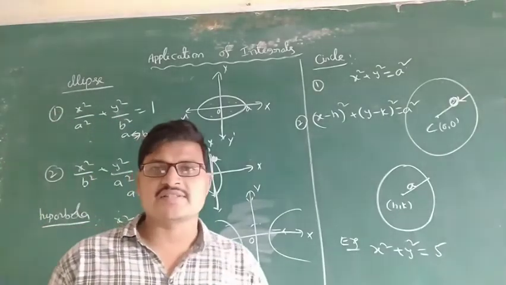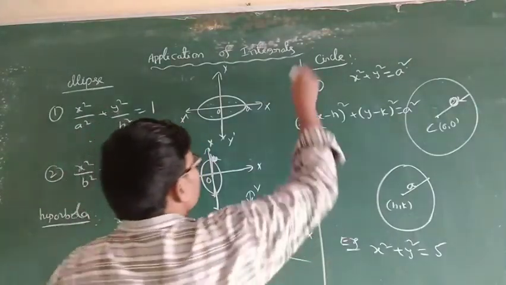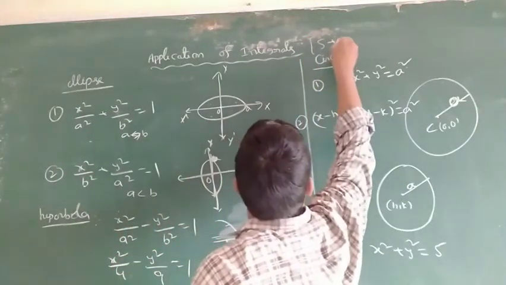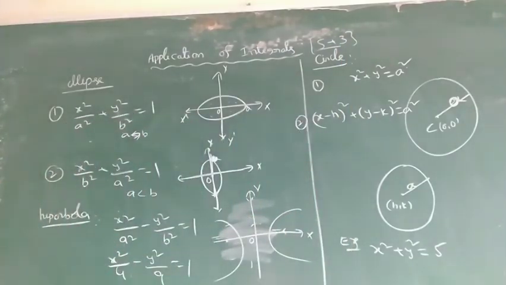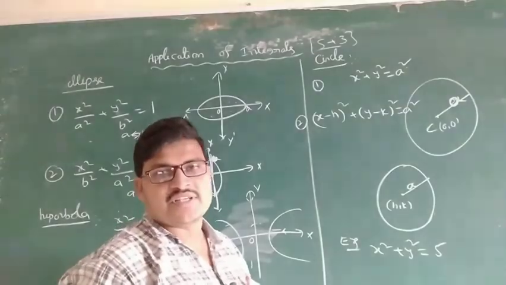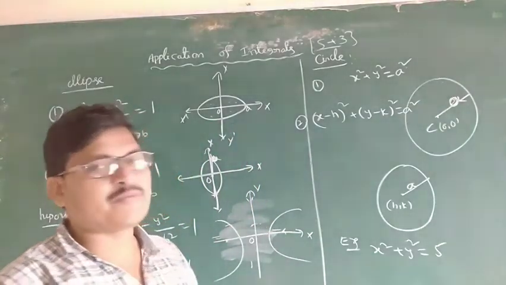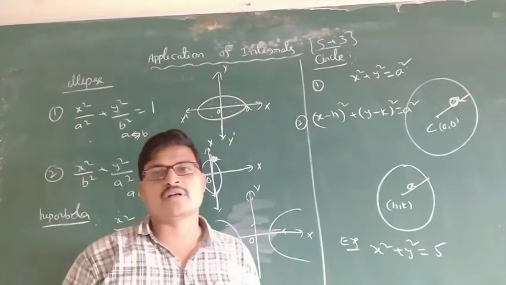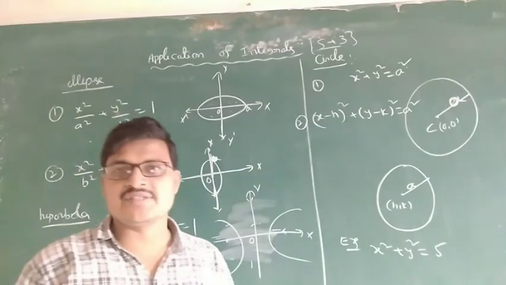But one single exercise is very important. This chapter, 5 plus 3, has only 2 questions: first exercise 1 question, second exercise 1 question. This year the second exercise is removed, so from the first exercise 2 problems will come, a 5 marks question and a 3 marks question, very easy.